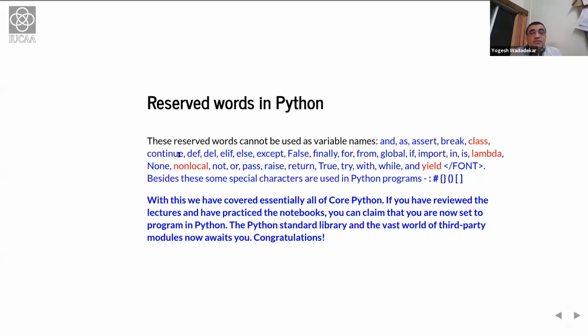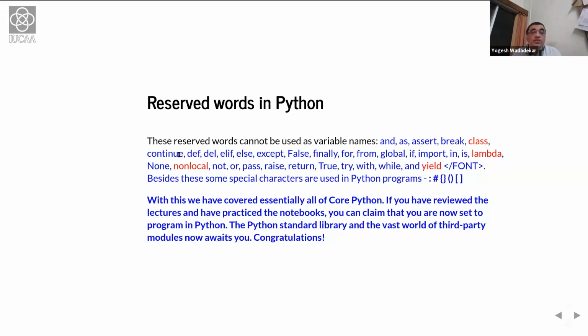With this, we have covered essentially all of the core Python functionality from the point of view of the various data structures and conditionals and loops, etc., that are available within Python. We've seen them all.